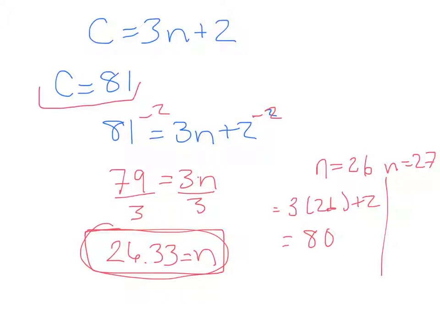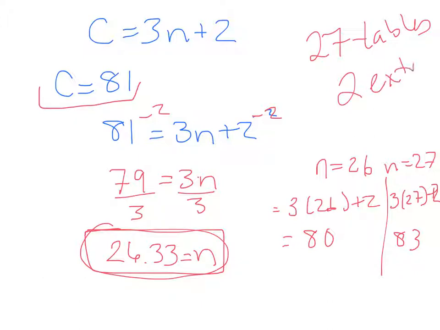So we're going to have to use the 27, and I'll show my check. 3 times 27 is 81, plus 2 is 83. So we would need 27 tables and that would have 2 extra chairs, since this is 83 and we only wanted 81.